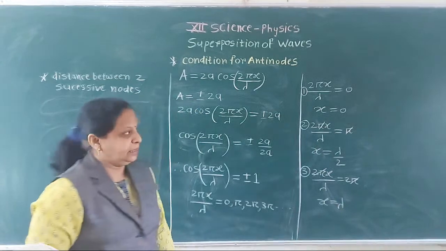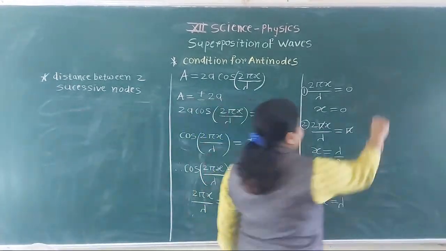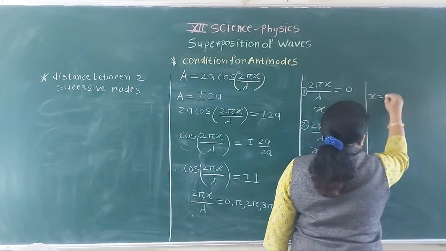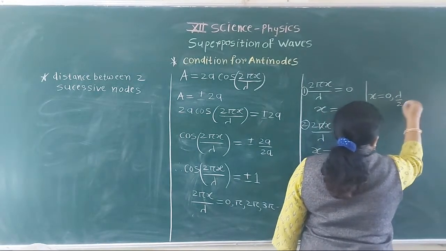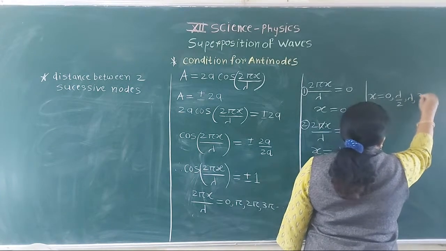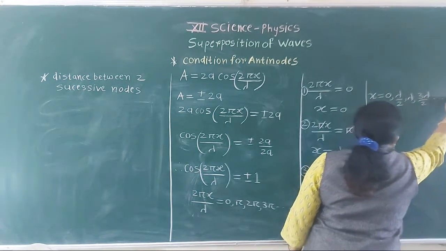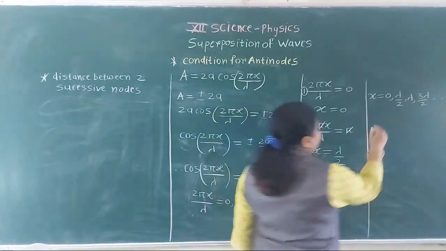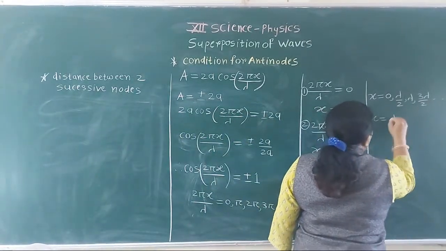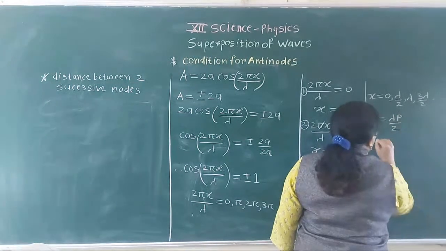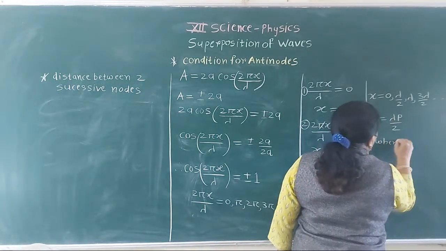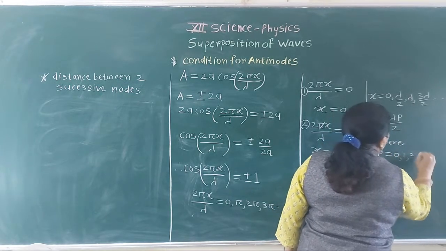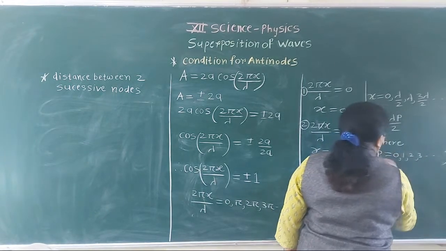Therefore we get the values of x as 0, lambda by 2, lambda, 3 lambda by 2, etc. So the general formula is x is equal to lambda p by 2, where p is 0, 1, 2, 3, etc.